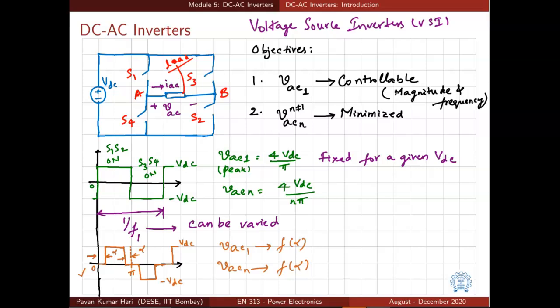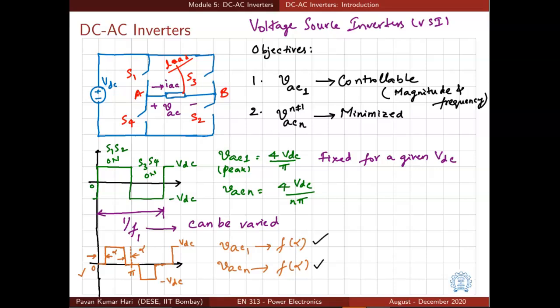By varying alpha appropriately, we can control the magnitude of VAC1. That is one objective. Or by varying alpha appropriately, we can make sure that some harmonics are not present, which is the second objective. But if you want to do both, we need to find a solution.